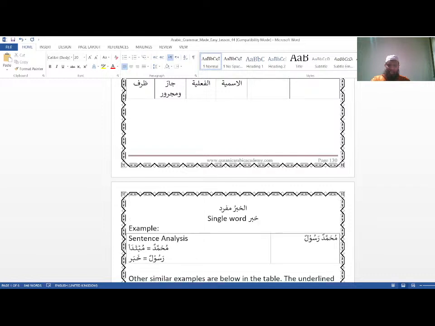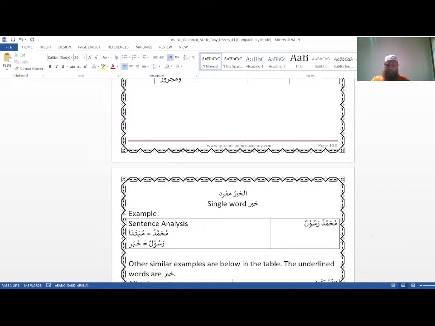Khabar, when it is mufrad. Muhammadun Rasulun sallallahu alayhi wasallam. So Rasulun is the khabar, which is a nakira, and is in halat rafa. Muhammadun is a proper noun, which is definite. There's mubtada.